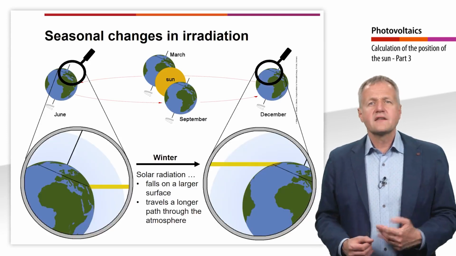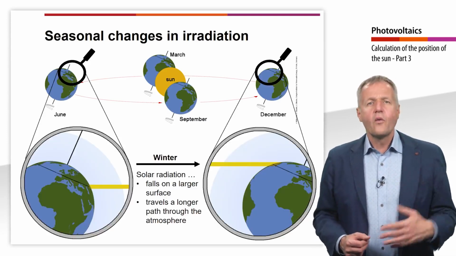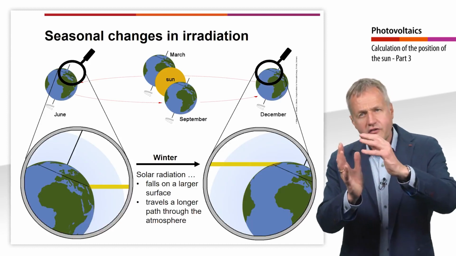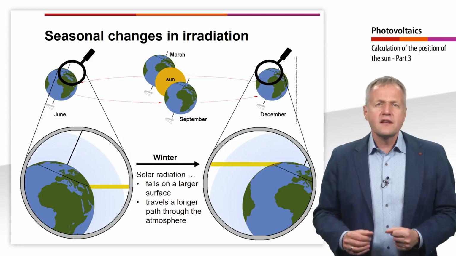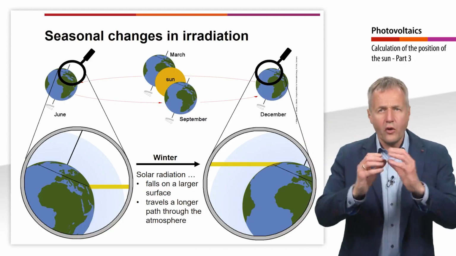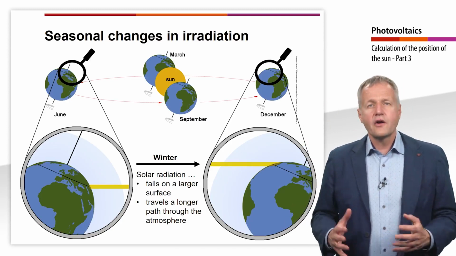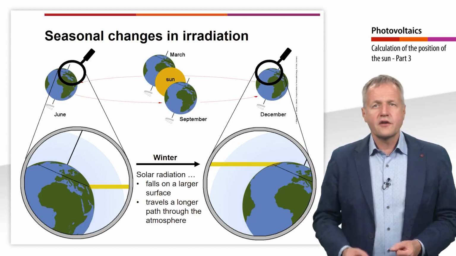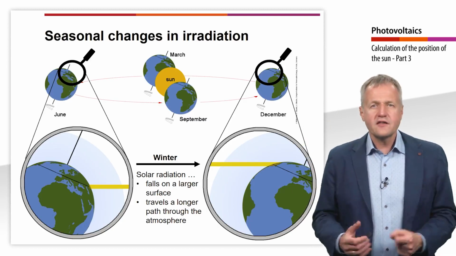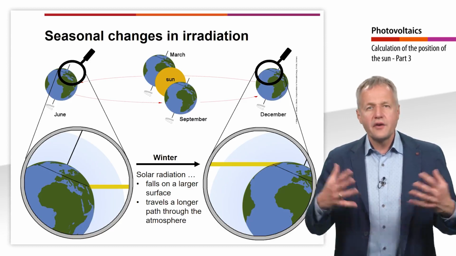This has the effect that in June, in summer, when the northern hemisphere is facing the sun, rays fall on the Earth on a smaller area than in wintertime, and the irradiance on a horizontal plane is stronger than in winter. Furthermore, the air mass is smaller than in winter, resulting in a higher irradiance as well.